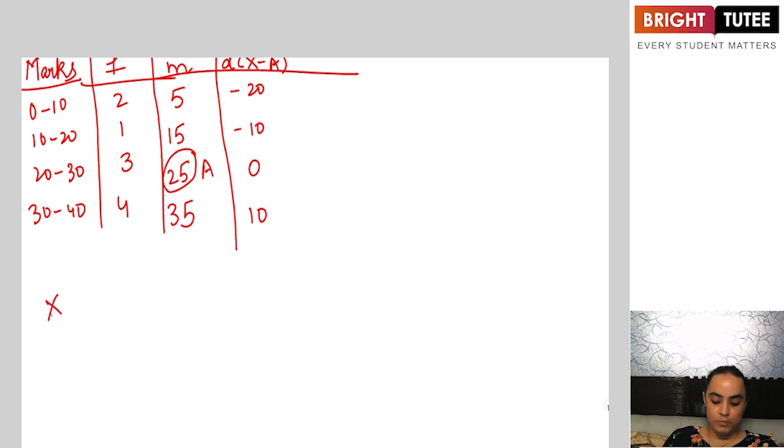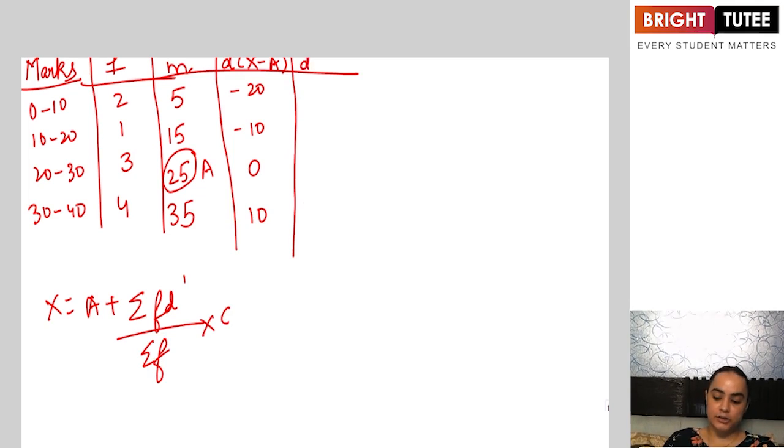Next, according to my formula, I need D dash. And what is my D dash? My D dash is x minus a divided by c, the common factor. Common factor, as I told you, is the class interval. What is the difference in the class interval? 10.